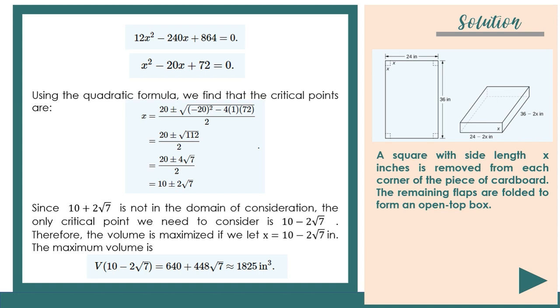Then, let's solve for our maximum volume. The maximum volume will be 640 plus 448 square root of 7, or approximately 1,825 cubic inches. This was solved using the values of the length, width, and height. You just substitute the x value to get the individual values, then multiply length times width times height.